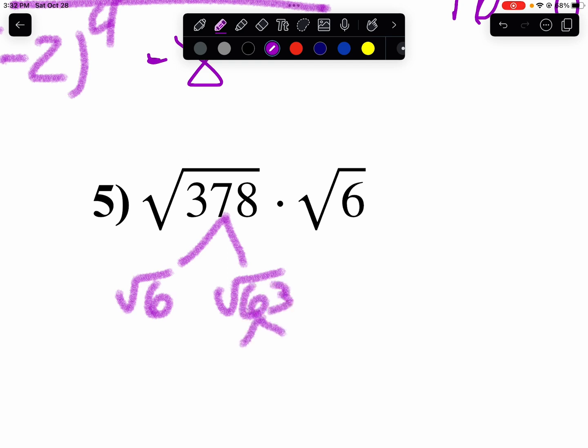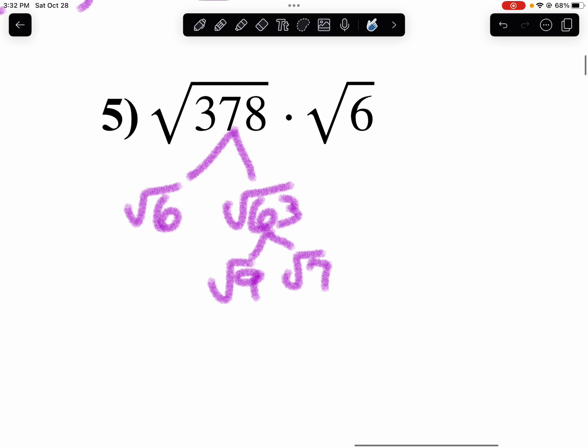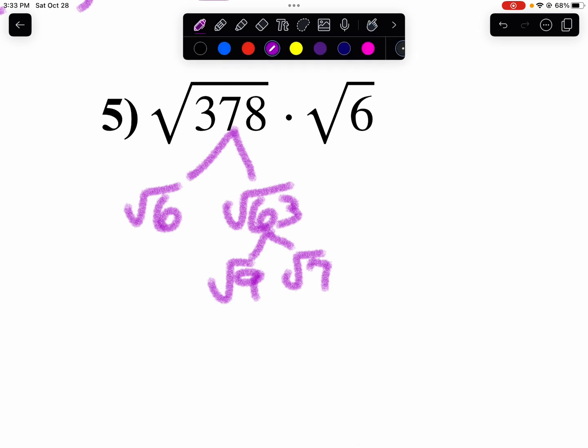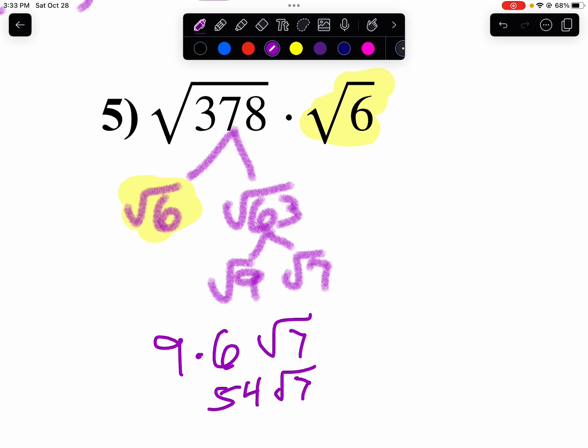So then square root of 9 times the square root of 7. We know the square root of 9 is 9. If I take the square root of 6 times the square root of 6, I get 6. So I'll take that times 6. And then you got a square root of 7 left over, don't you? So 9 times 6 is 54 square roots of 7. That's just simplified.